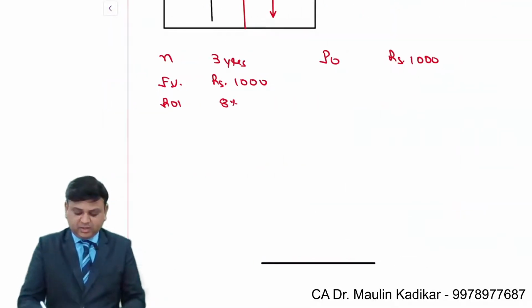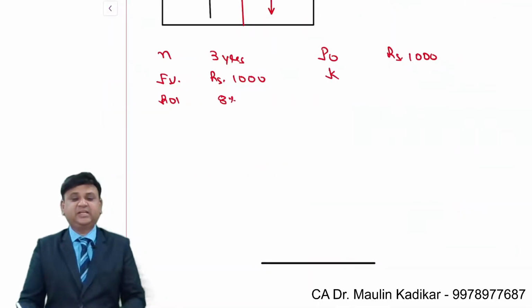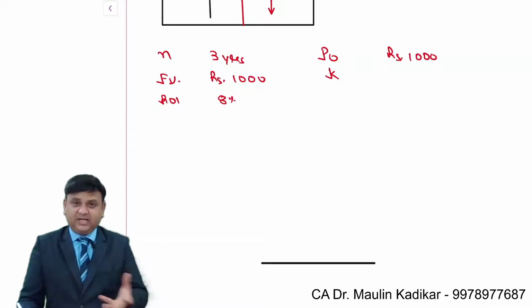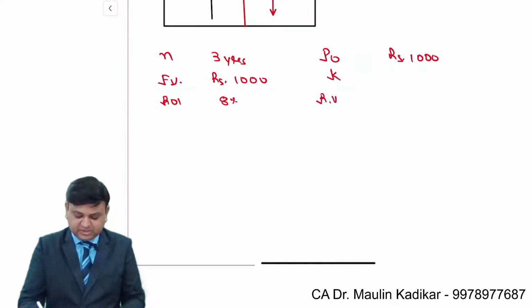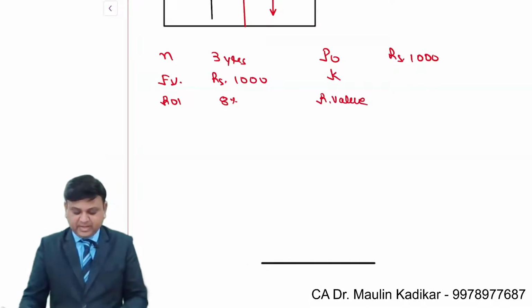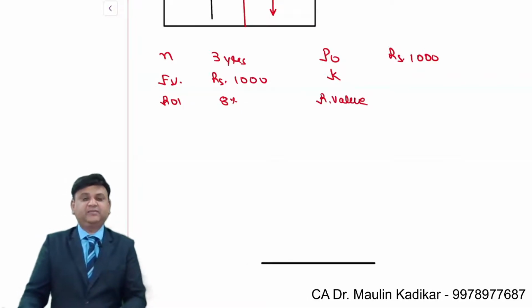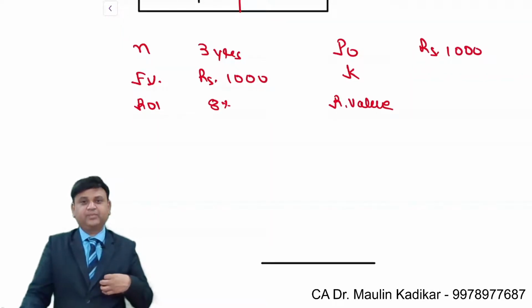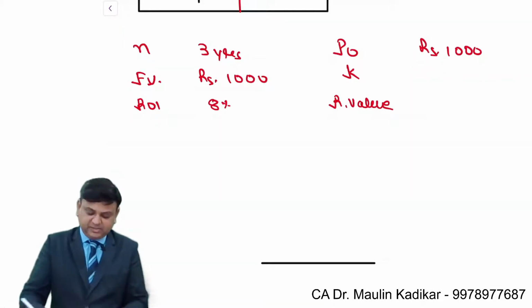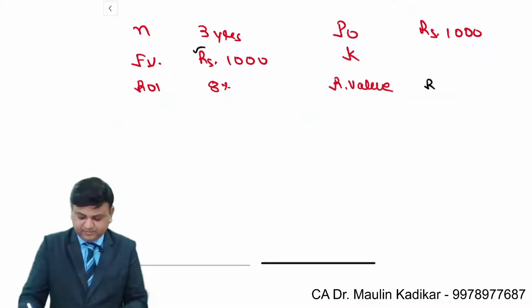Now dear students, in order to compute the rate at which it is giving the return right now, we need information about the redemption value of the security. We can see that the redemption value is not provided expressly in the question. So we will assume that the redemption value of the security is equal to the face value, that is 1000.